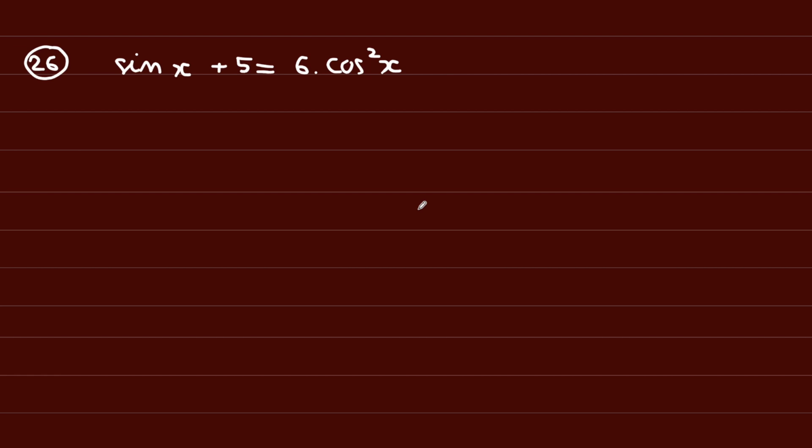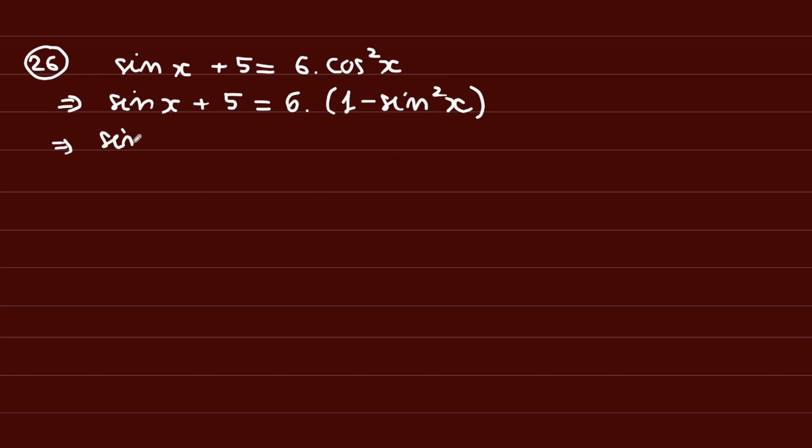Question 26. How can you work with this one? Once again, we need to practice this. Sin h plus 5 equal to 6, and now it's time to convert cos square h to be expressed in terms of sine: 1 minus sine square h, but it has to be inside the bracket. You got here sin h plus 5 equal to 6 minus 6 multiply sine square h.